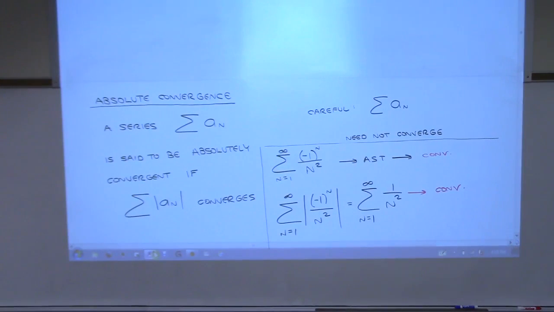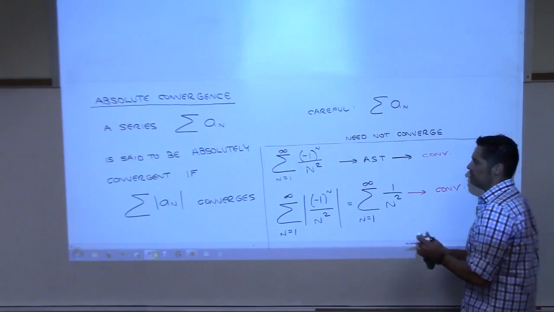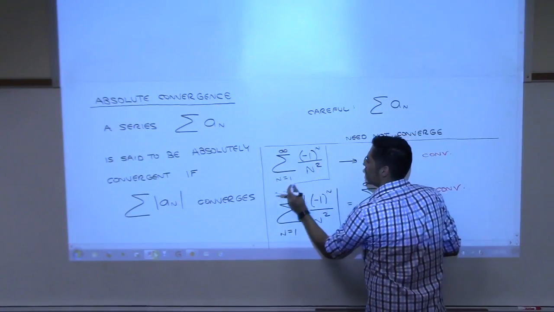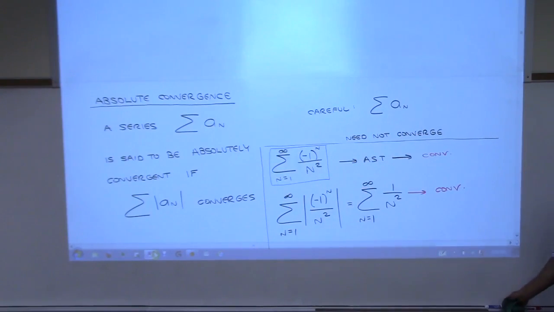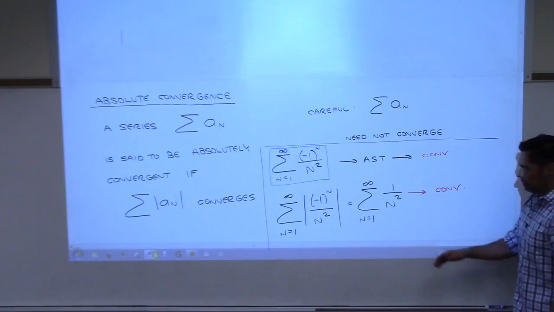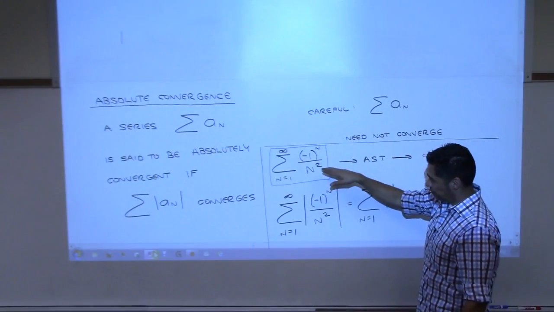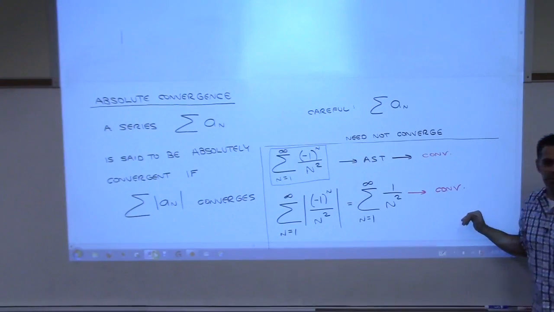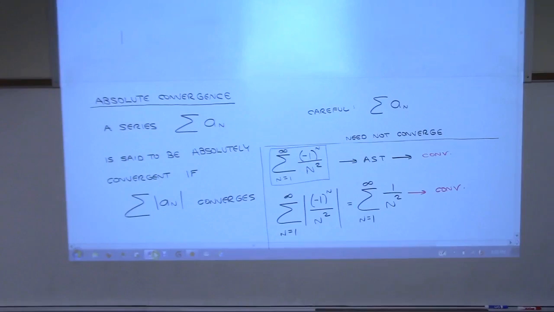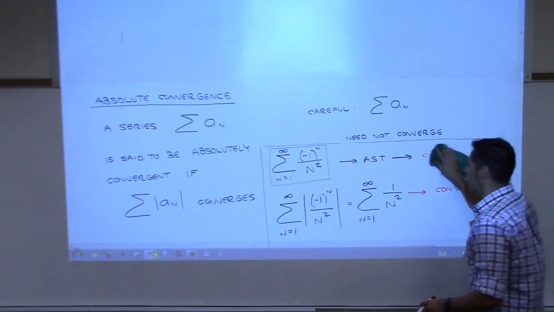Is this series right here absolutely convergent? Yes, because the absolute value of this converges. Okay. Give you one more, and then we're going to talk more about this definition because it's weird.